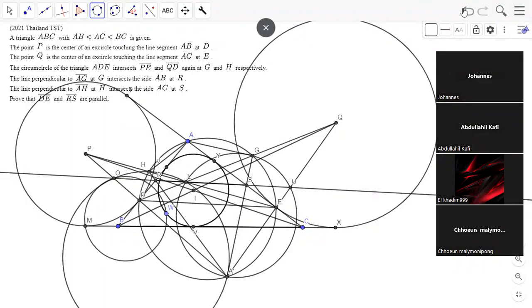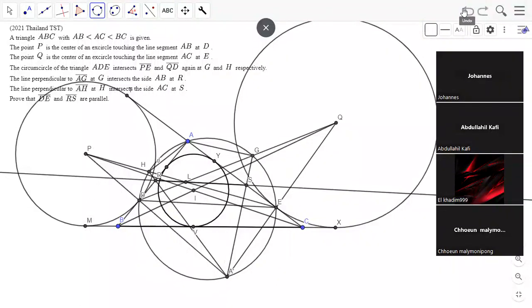All right, so I'm going to get rid of those points. I don't think they do anything.